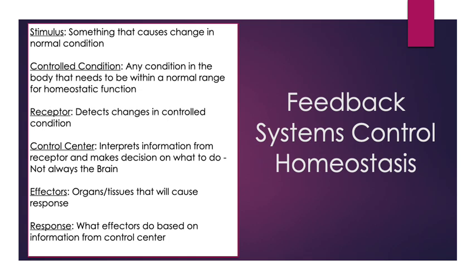They are really just lying in wait in strategically placed places throughout the body that are able to detect these changes, and then when they do, they're going to send that signal to what we call the control center. The control center is what's going to interpret that information from our receptor and make a decision based off of it. So do we need to respond to this information or not?